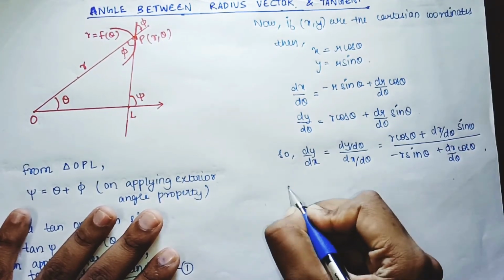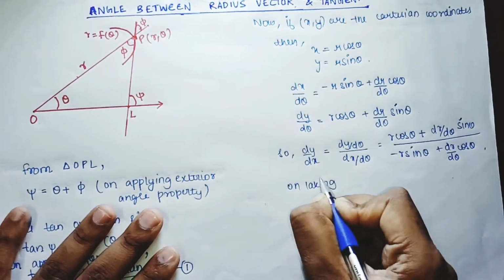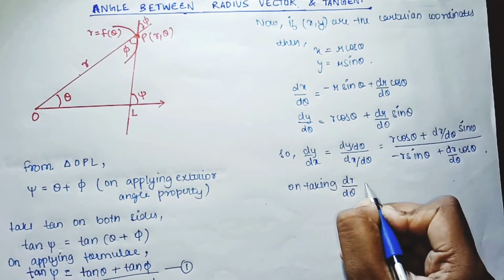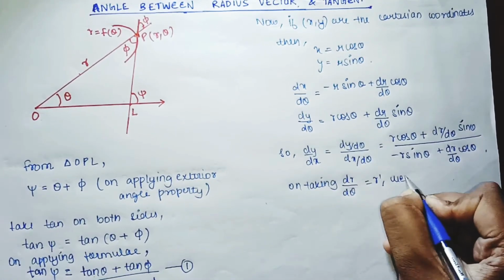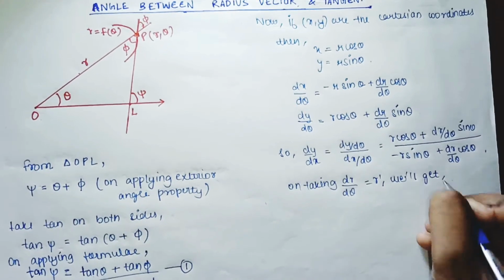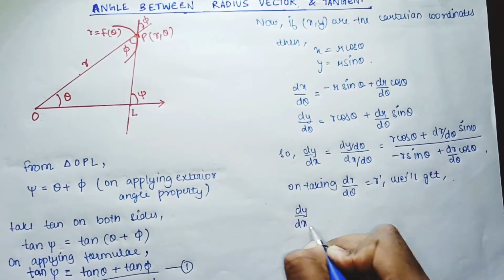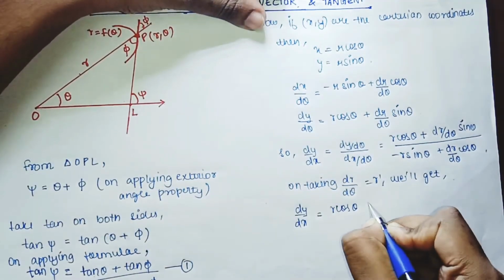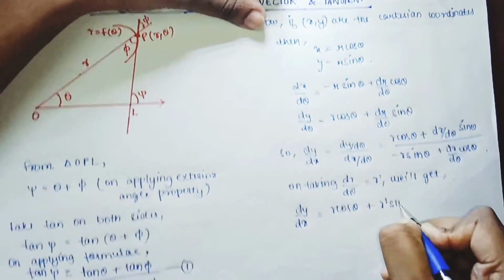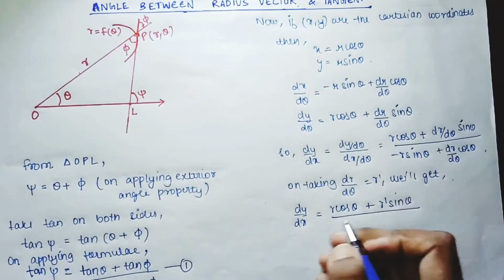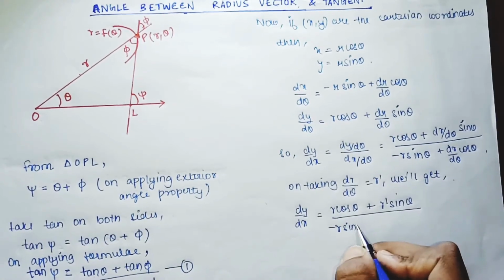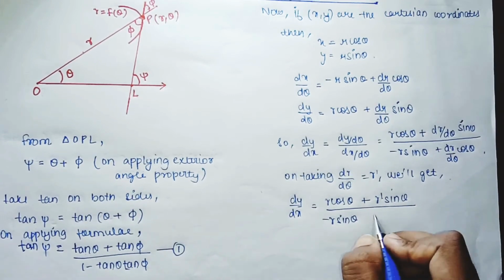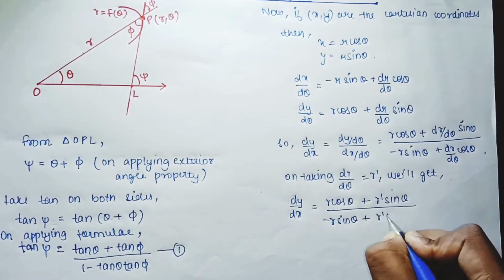Our expression will become dy by dx is equal to r cos theta plus r dash sin theta divided by minus r sin theta plus r dash cos theta.